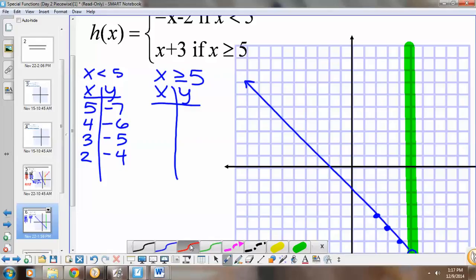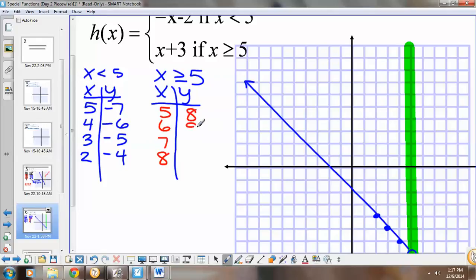For the second table, we need to select values that are greater than or equal to 5. So the first value to put in is 5. Maybe 6, 7, and 8 would be good points to put in. So we're going to add 3. Put 5 in, 5 plus 3 is 8. Put 6 in, 6 plus 3 is 9. Put 7 in. That first endpoint of 5, 8, will that be an open or closed circle?